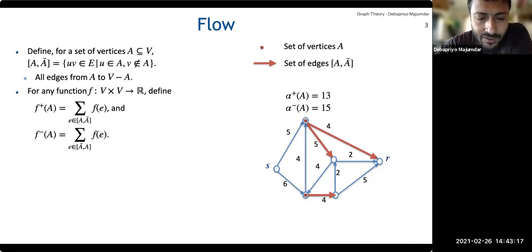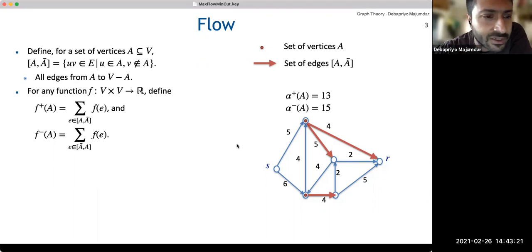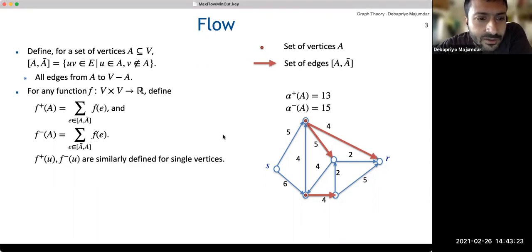But we'll give it pretty good meaning very soon. So now, just like you can define these notations f plus, f minus for a set of vertices, you can also do it for single vertices. Single vertex is just considering a single vertex u as the set of vertices, right?